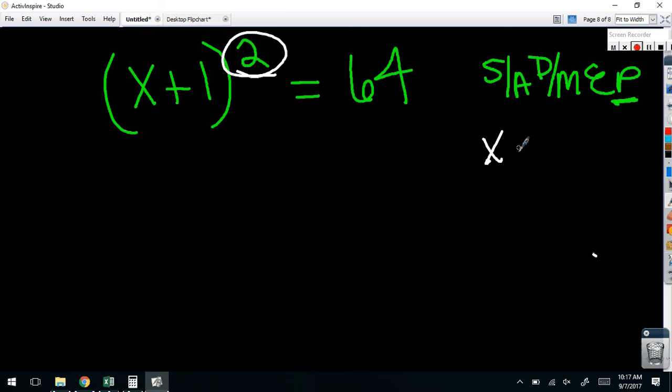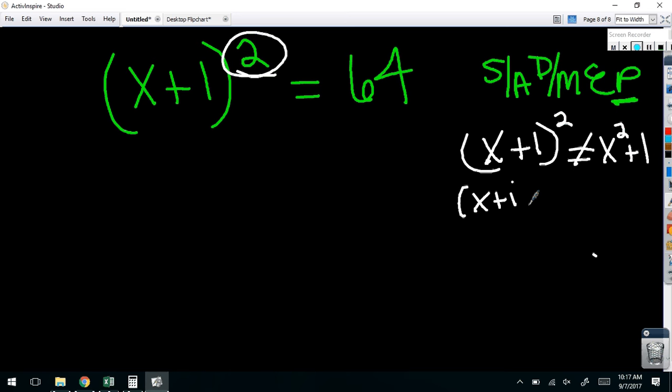When we have something like this, we cannot just distribute that exponent through. You can never do that inside, because x plus 1 squared is the same thing as x plus 1 times x plus 1. And if you were to FOIL that out, remember foiling?